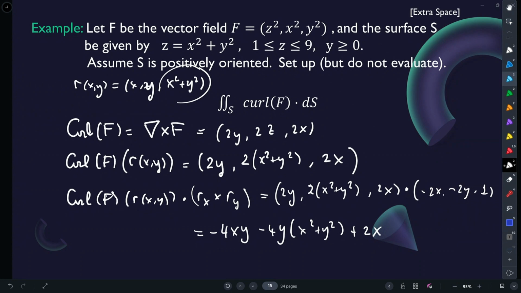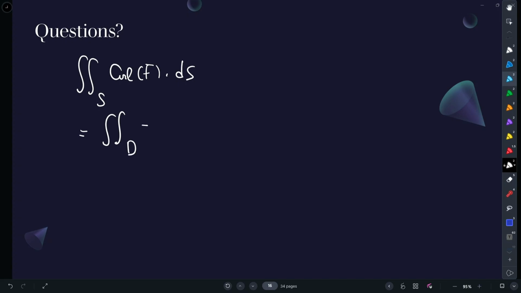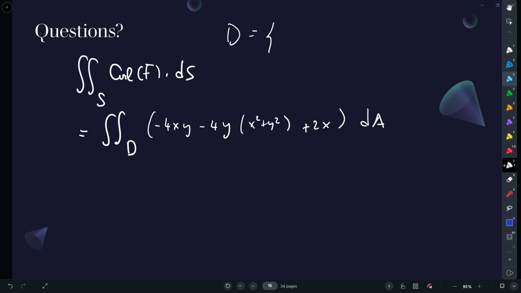Okay, so what do I have? I have that this integral over S of the curl of F dS turns out to be the integral over this domain, which was some sort of annulus, of minus 4xy minus 4y x squared plus y squared plus 2x dA, where again the domain was x and y with the radius between 1 and 9, and y is positive.